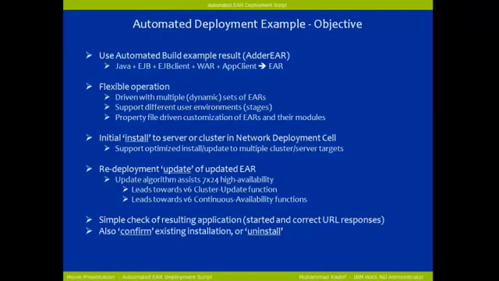It has options to install on a server, in a cluster, and in a network deployment cell, and supports optimized install and update to multiple clusters and server targets. It also supports redeployment update of an updated EAR, leading towards the version 6 cluster update function, and a simple check that the resulting application is started and the correct URL responds.